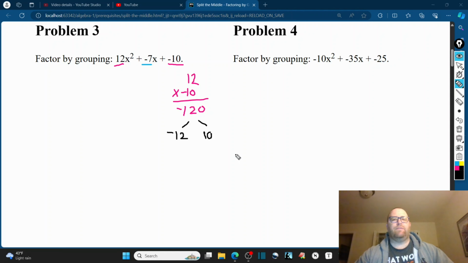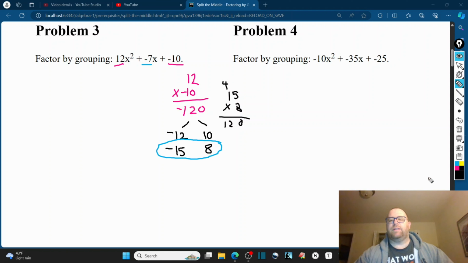I believe if I did negative 15 times 8, that would work, and that would add to negative 7. Let's just check 15 times 8. So 8 times 5 is 40. Bring up the 4. 8 times 1 is 8, plus 4 is 12, so 120. Okay, so these are the numbers we want to use.